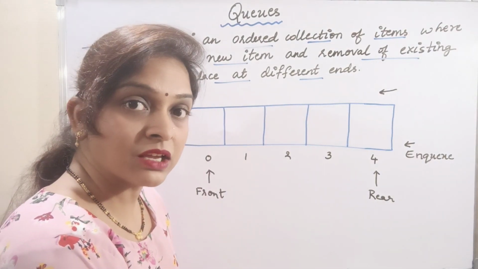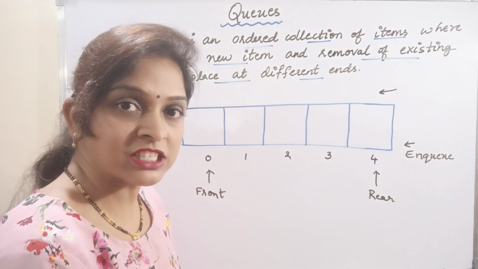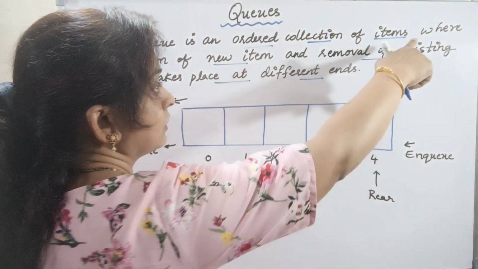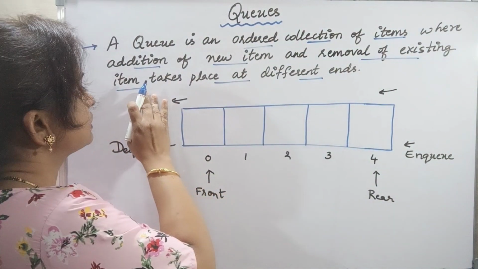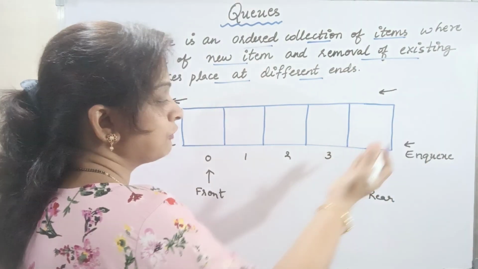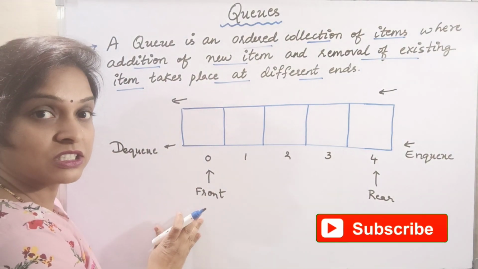In the stack, insertion and deletion took place at one end. But here, addition of new items and removal of existing items take place at different ends. We insert from the rear end and we come out from the front end.